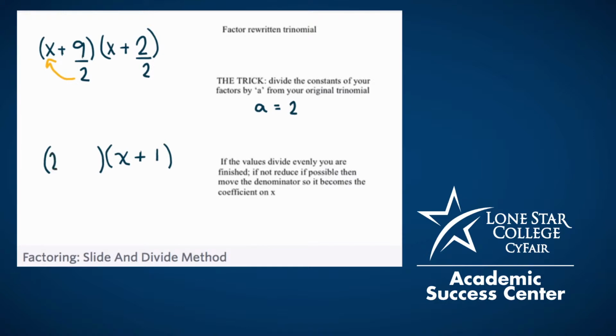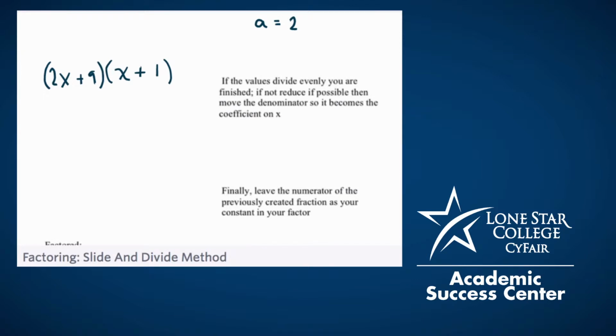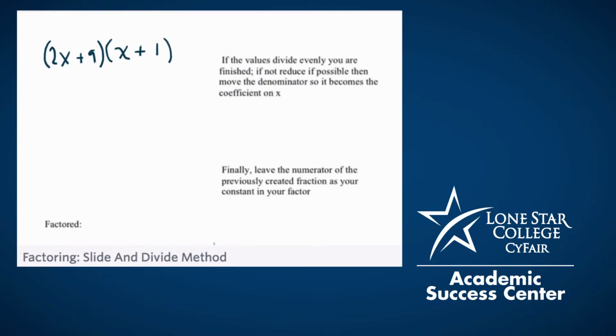So our factor becomes 2x plus 9. Once you've done that, your final factor form is 2x plus 9 times x plus 1.